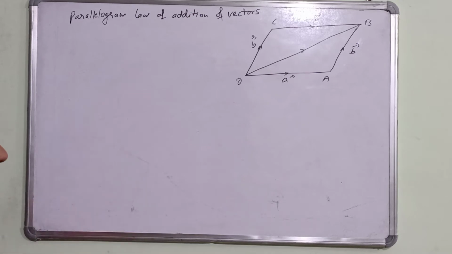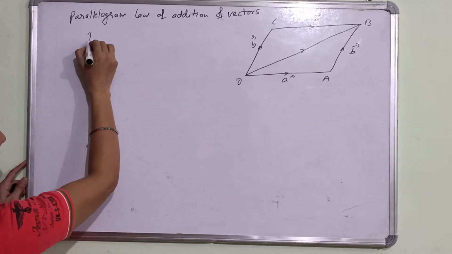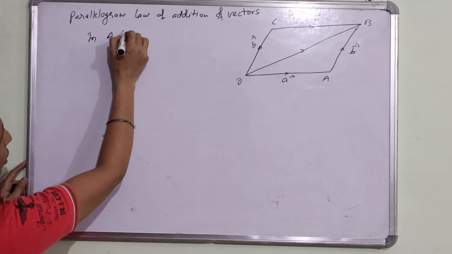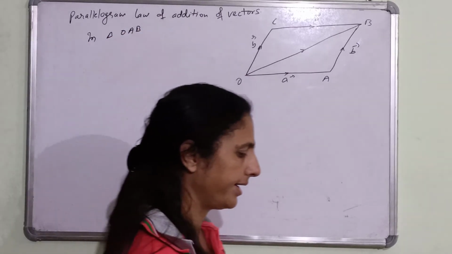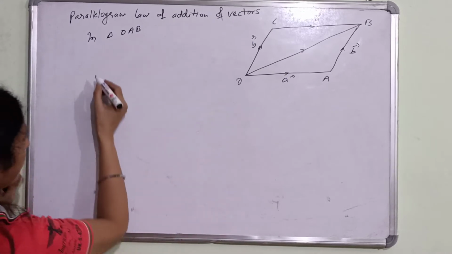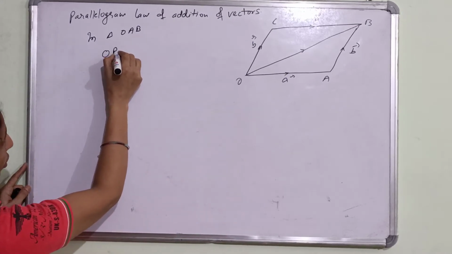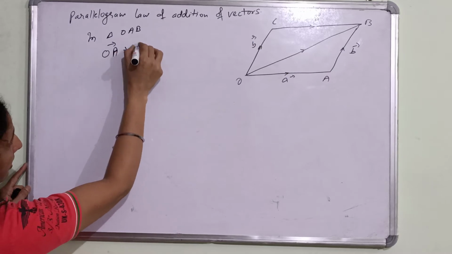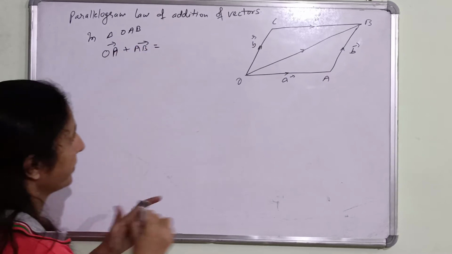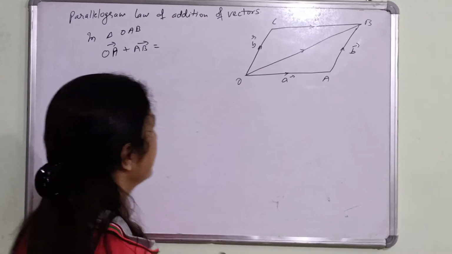Now let's see in this figure, in triangle OAB, the vectors we have taken in order, right? So we have vector OA plus AB is equal to OB.